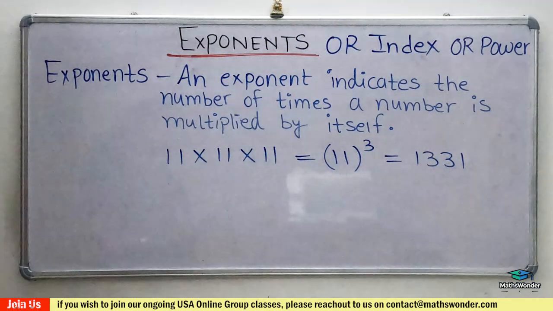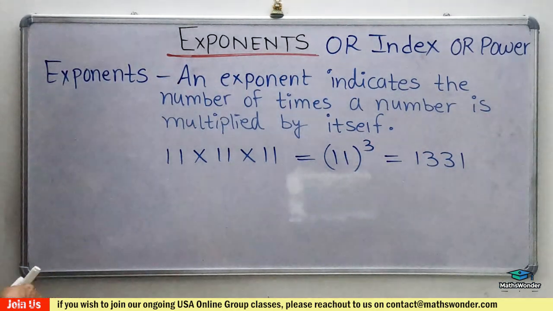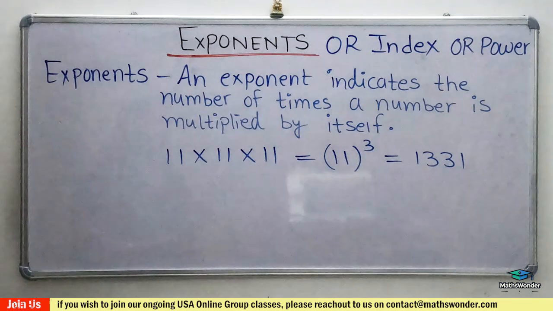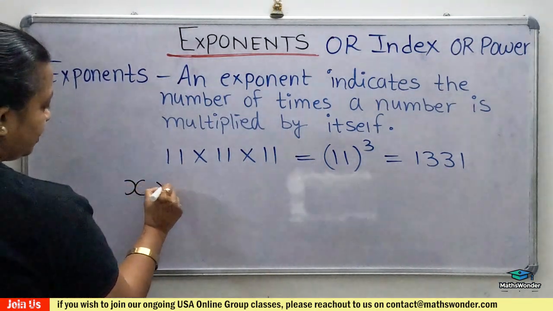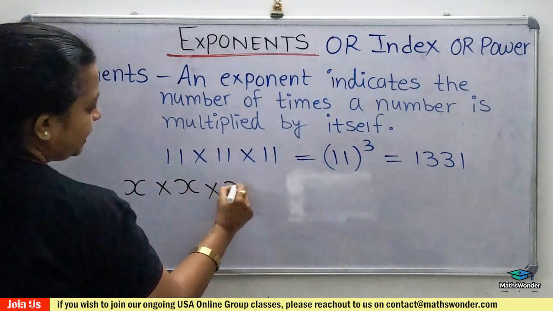First, in general, if x is any integer, then x multiplied by itself repeatedly n times. How many times? Repeatedly n times.